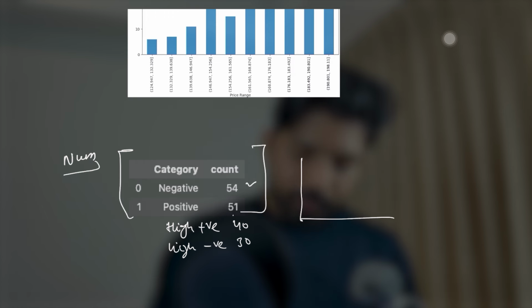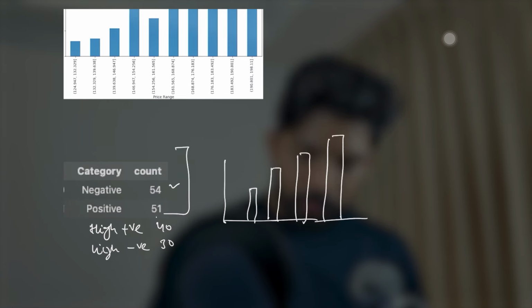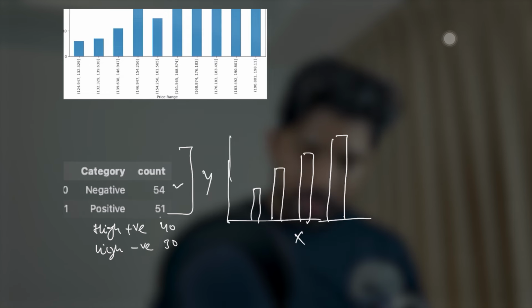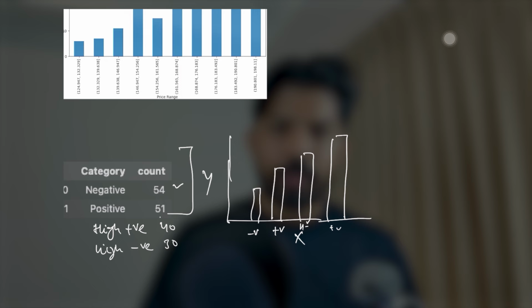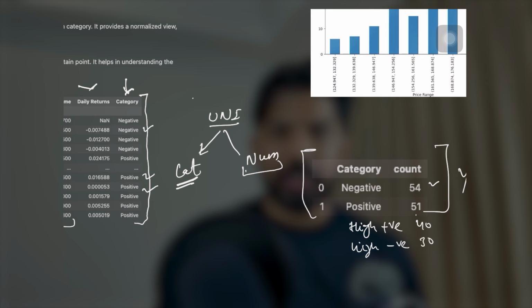So let's say you have 30, you have 40, you have 51 and you have 54. This is the x-axis and this is the y-axis. And here you can label like it is negative, it is positive, it is highly negative, it is highly positive. So that means for categorical data, we can draw a distribution table or a bar chart, right?